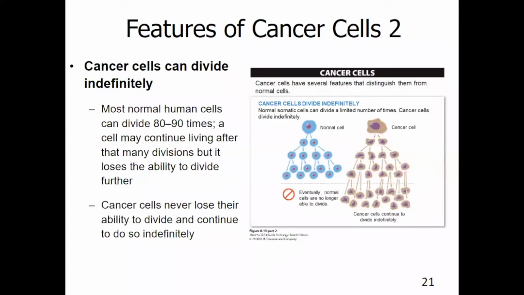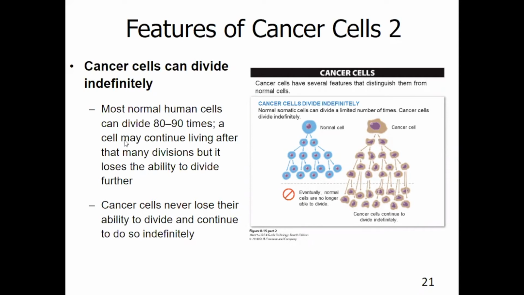A second feature common to cancer cells is that cancer cells can divide indefinitely. So most of our cells have a limit of how many times they can divide. Most of our cells can divide 80 to 90 times, and then they'll stop.